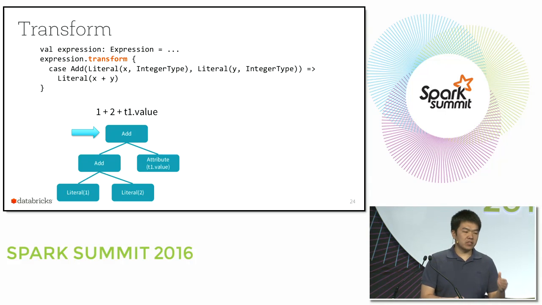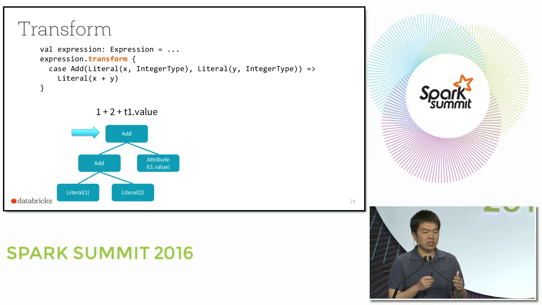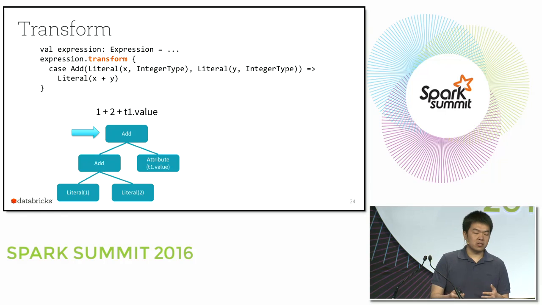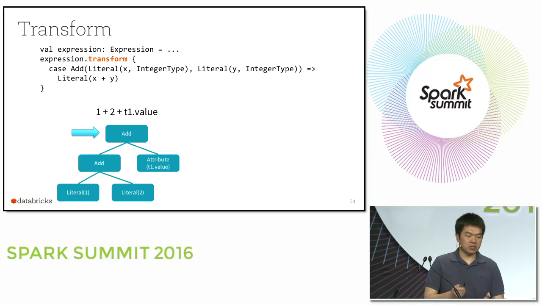When we use this rule to transform the tree, we'll first visit the add operation at the top. Here we can see this rule will not be triggered because the right child of this add is not a constant value. It's actually an attribute from the table T1.